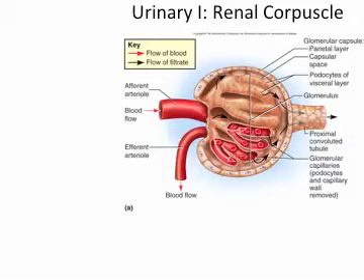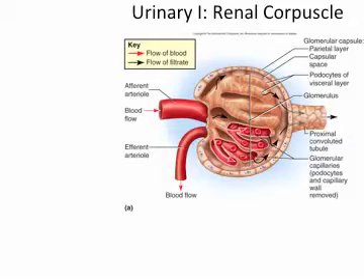Sitting on top of the capillaries are cells called podocytes, and the podocytes actually make up the visceral layer of the glomerular capsule. Then there's a space between the podocytes making up the visceral layer and the parietal layer of the glomerular capsule.